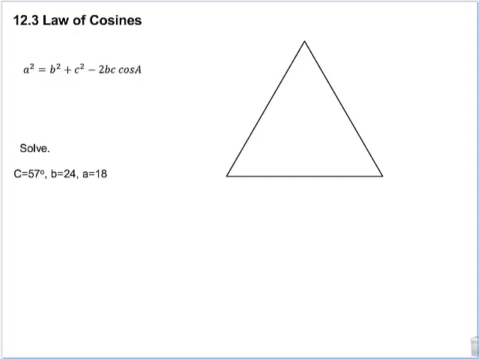A squared equals b squared plus c squared minus 2bc times the cosine of A. Okay, recall the angles and the side opposite of the angles are always represented by the same letter. Angles, capital letter, sides, lowercase letters.